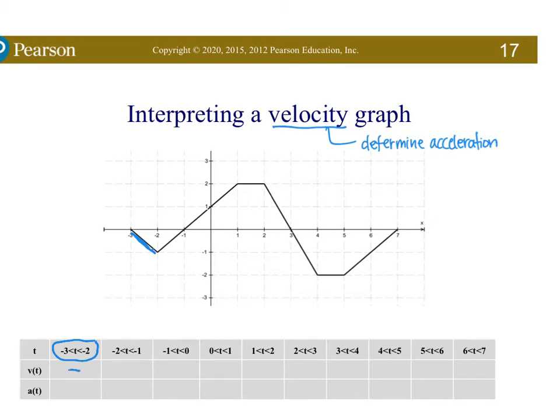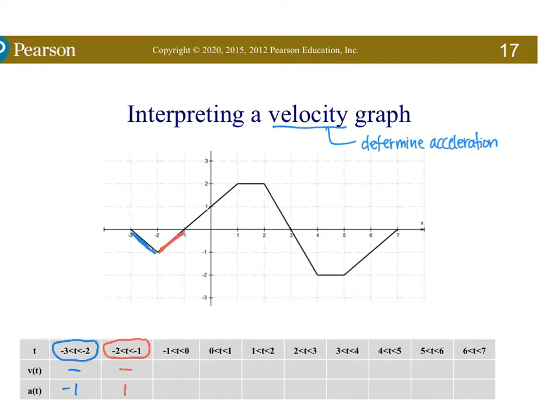Its slope, which translates to its derivative, which translates to acceleration, is -1. The next section, from -2 to -1, is also below the x-axis, but its slope is positive, and so I now have +1.